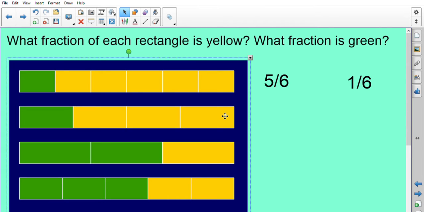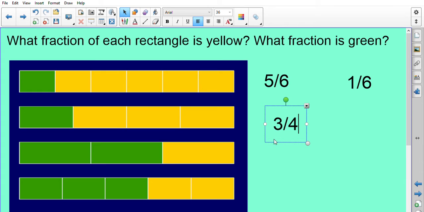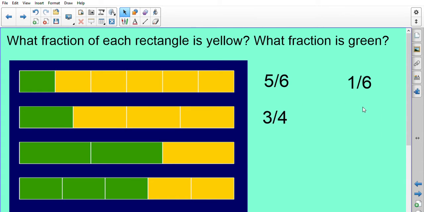Okay, on this one, what is our rectangle? How many equal parts has that been divided into? 1, 2, 3, 4. So that's quarters, and there are 3 out of 4, 3 quarters that are yellow, and 1 quarter, 1 out of 4, that is green.